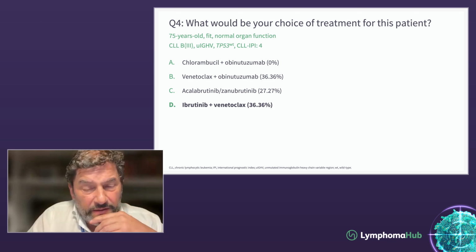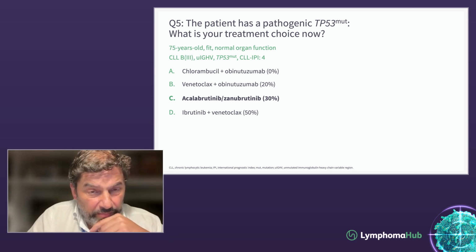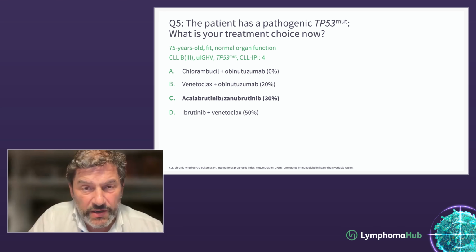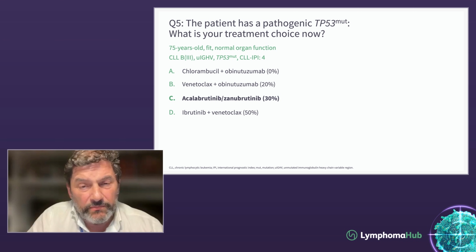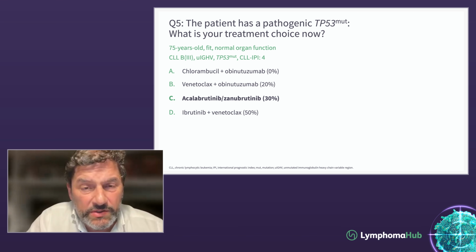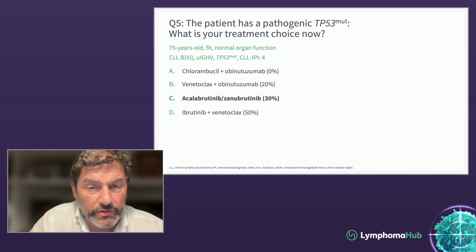And the next was the same patient with p53. In that case, as we can see in a few slides, I think the best option now, or the most recommended option, is a continuous therapy with BTK inhibitor.